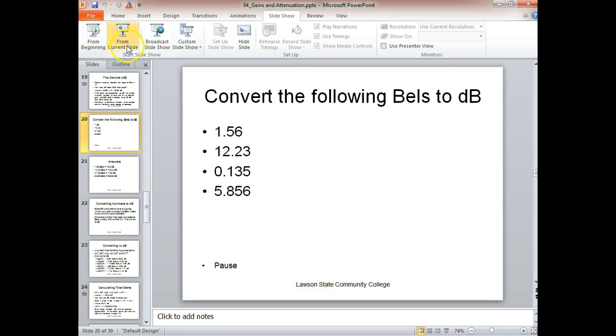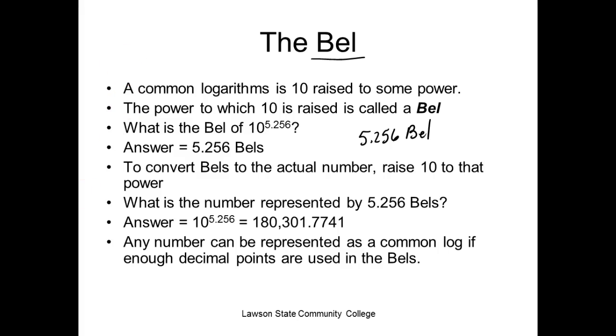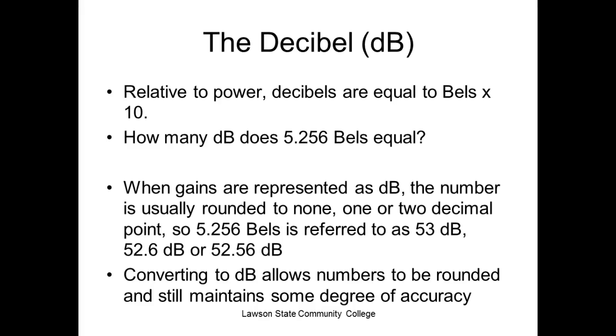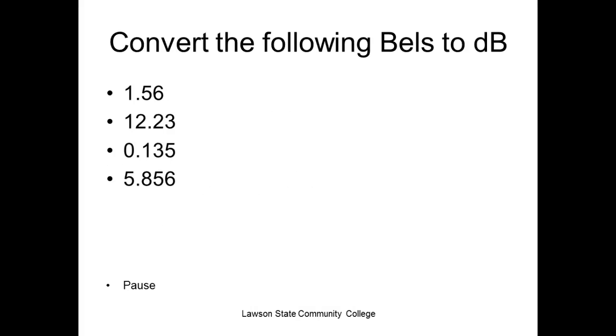How many dB would that first one be? In your head, guys, what would that be? How many dB would that be? No, we're only going to move it over one decimal point. What would the first one be? 1.56, so it would be 15.6, the other would be 122.3, the other would be 1.35, the other would be 58.56.